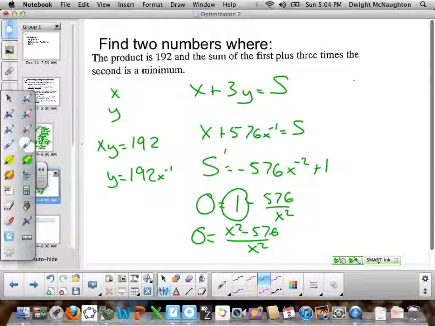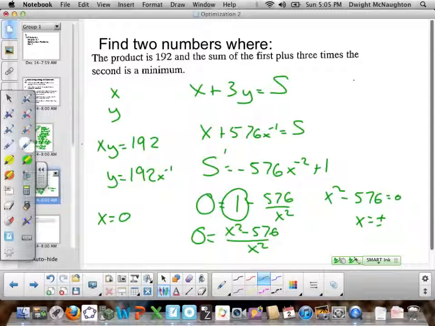Our critical numbers. What makes the top and bottom 0? x equals 0 from the bottom. x squared minus 576 equals 0. Add 576, square root it. You get 24.